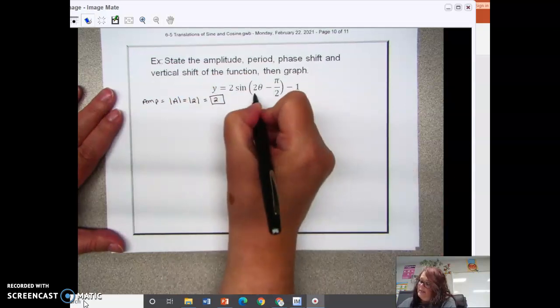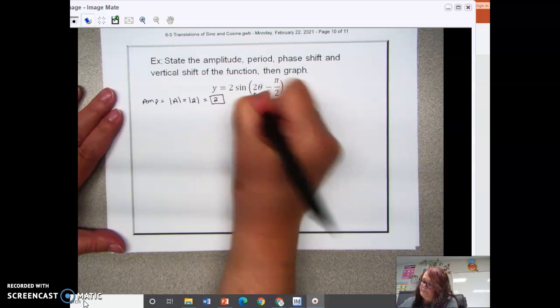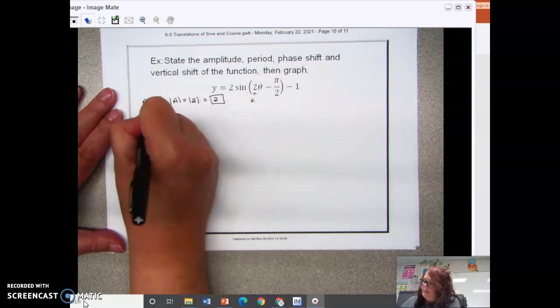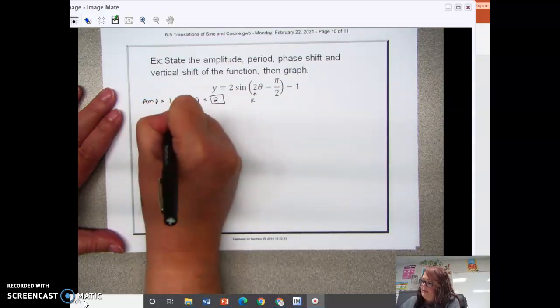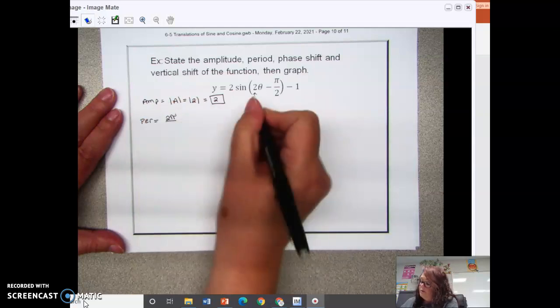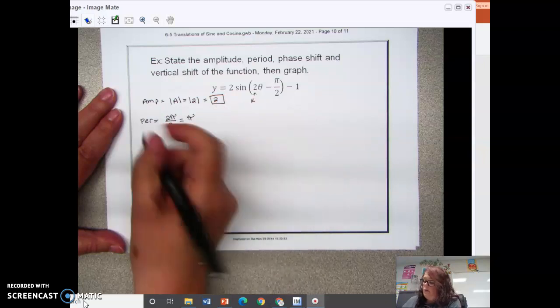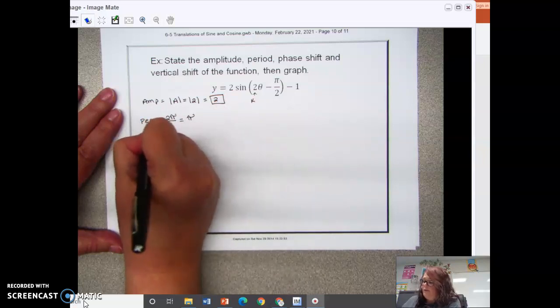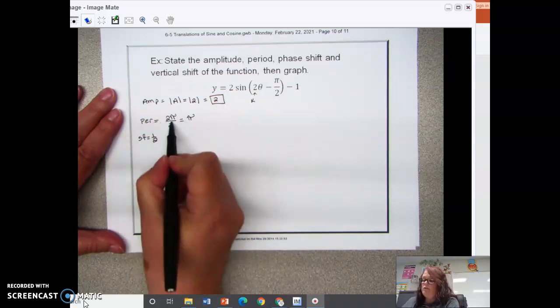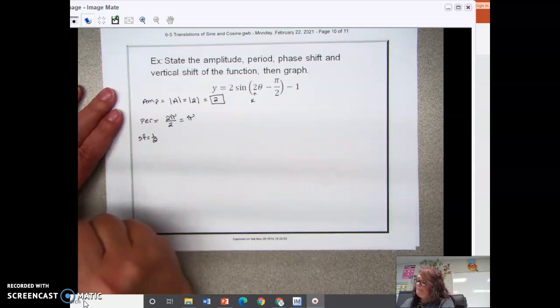And then here, my K value is 2, so that means that the period is going to be 2 pi over K, which is pi, or we could have said that that horizontal scale factor is 1/2. So you did half of 2 pi and you get pi.